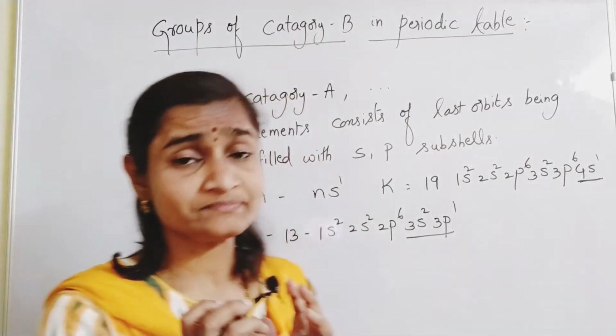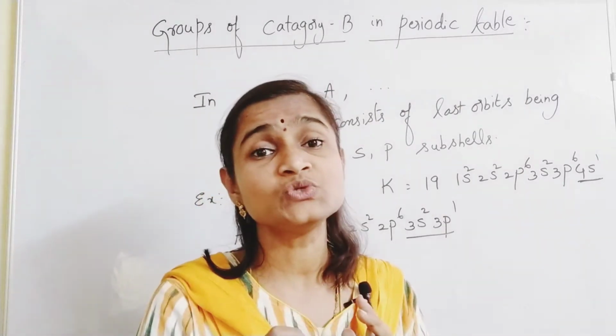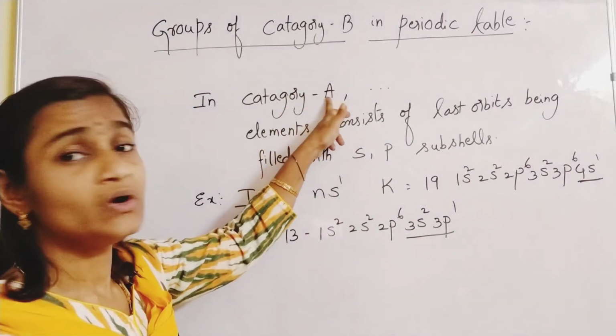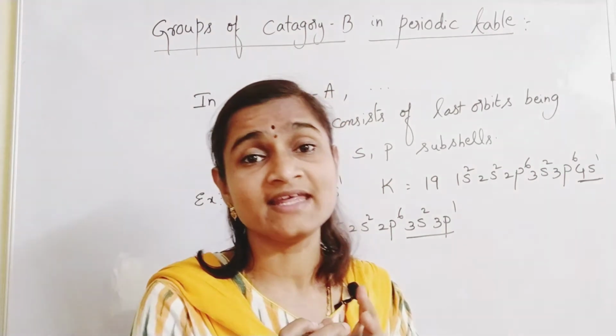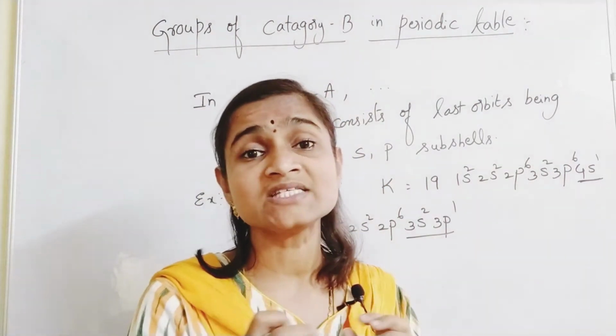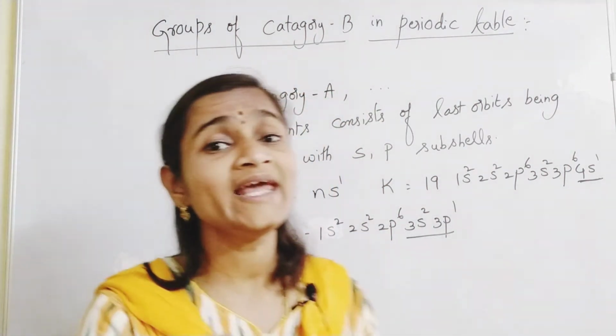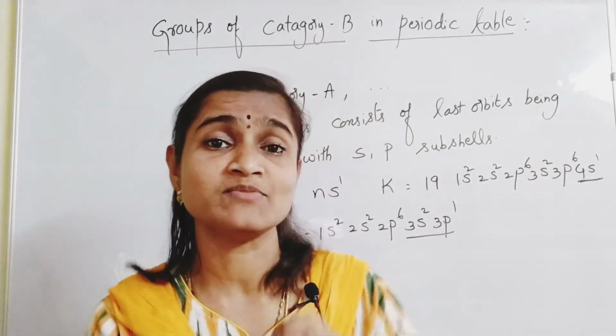So all the elements which belong to A category, in all those elements, the last orbit is being filled only in s and p subshells.